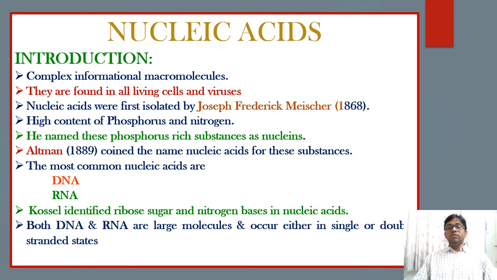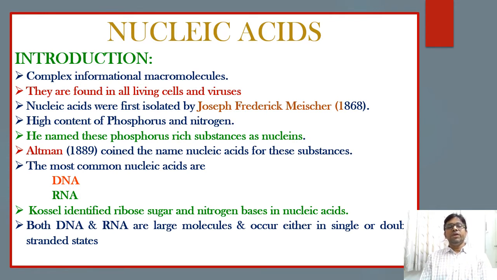As they were separated from the nucleus, he named these phosphorus-rich substances nucleins. Later on, Altmann coined the term nucleic acid for these substances because they are acidic in nature.